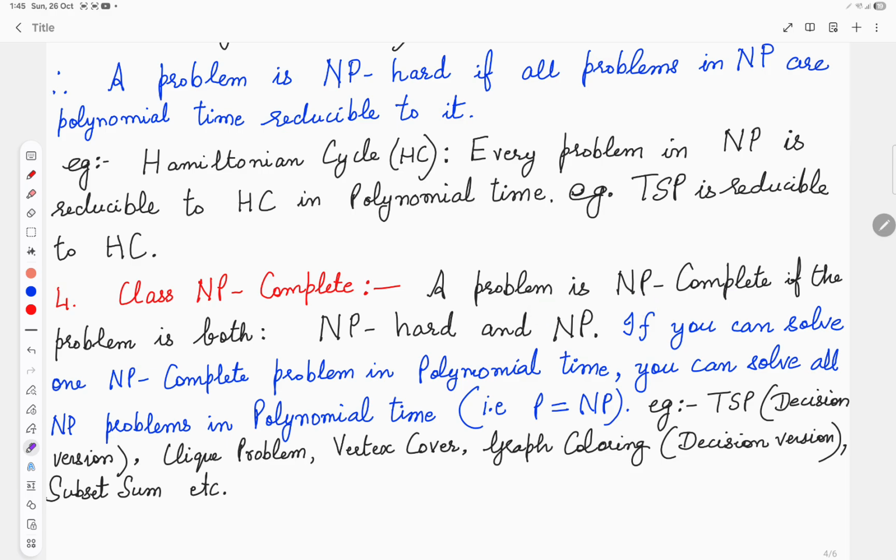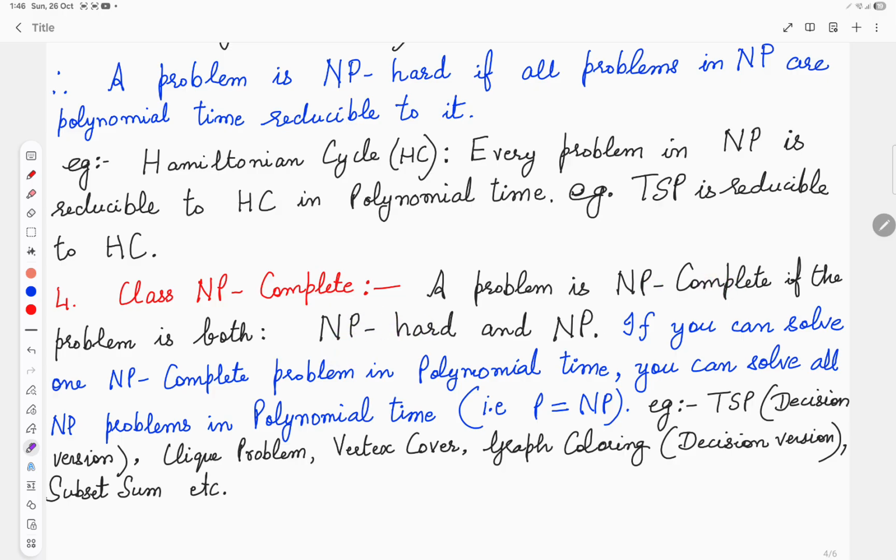A problem is NP complete if it is both NP hard and NP. The difference between NP and NP hard: let us say there are 10 problems in NP, but all these 10 problems are reducible to an 11th problem in polynomial time, and we know the solution of this 11th problem. Therefore, this 11th problem is known as the NP hard problem.